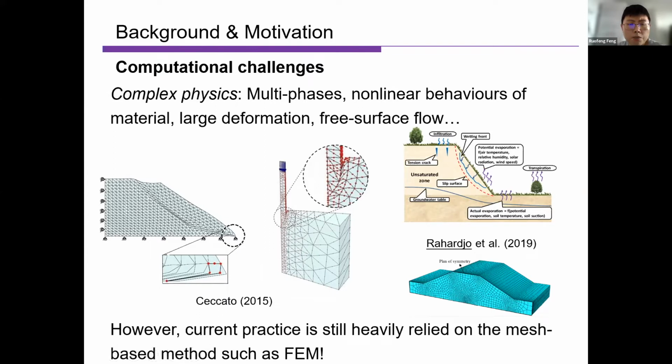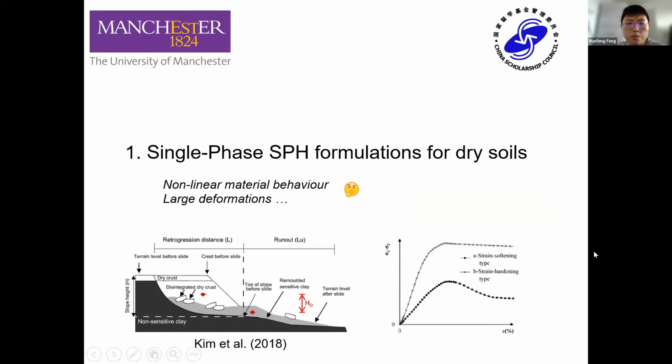This kind of problem motivates us to investigate new numerical tools to bridge the prediction of onset of instability and the consequence of the subsequent motion of this sliding mass. So it comes to the first part of this talk, single-phase SPH formulation for dry cells. Here we will address the nonlinear material behavior and large deformation.